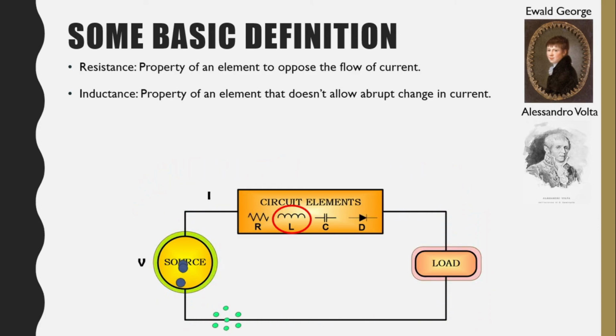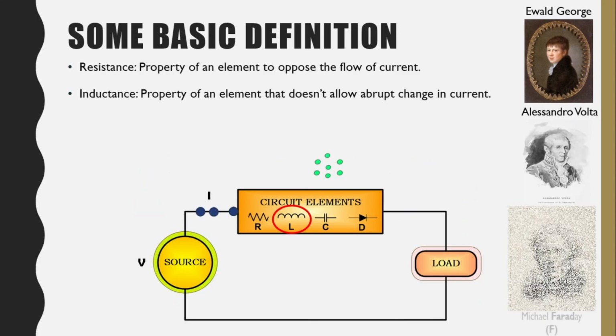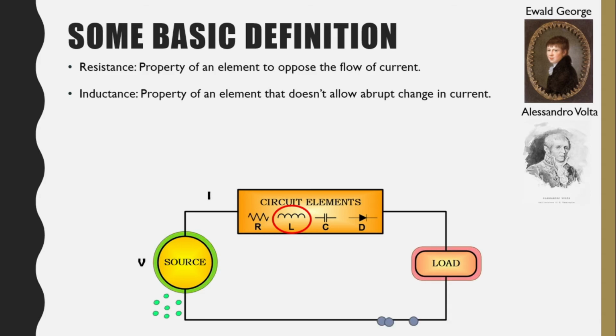And in 1776 Alessandro Volta came up with a relation of proportionality between V and Q, that is voltage and charge, which is known as the law of capacitance, and the device is called a condenser.